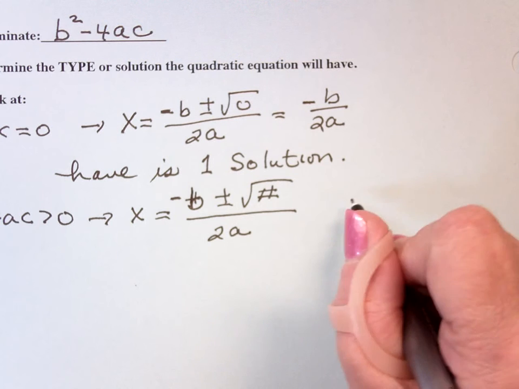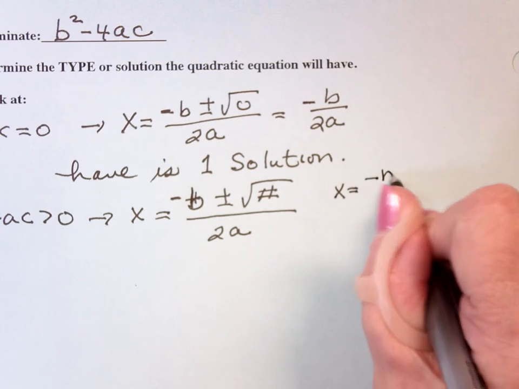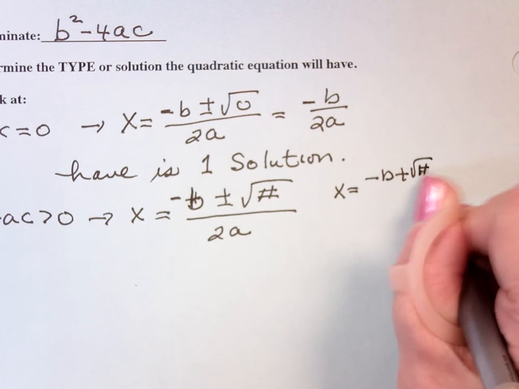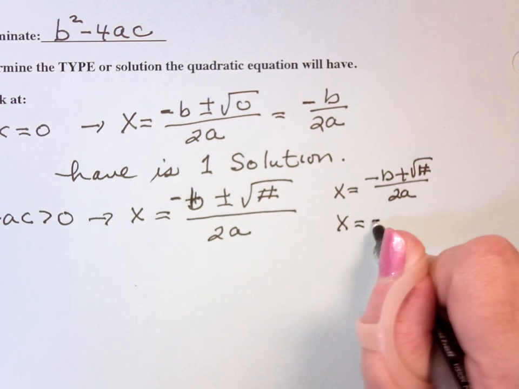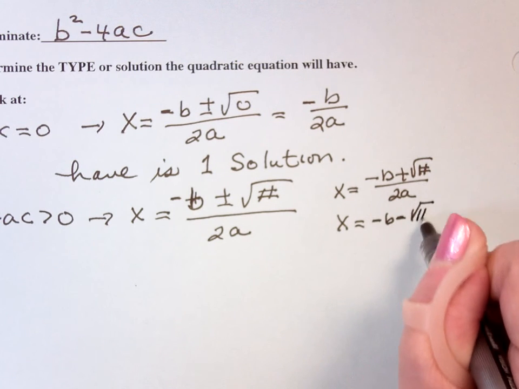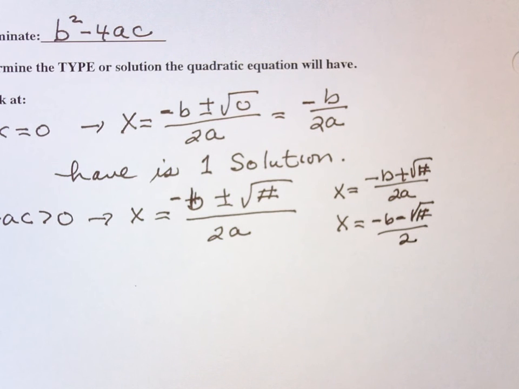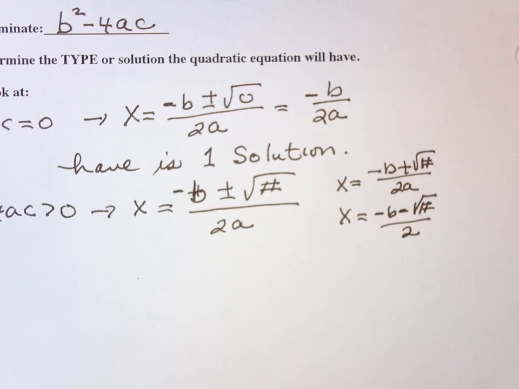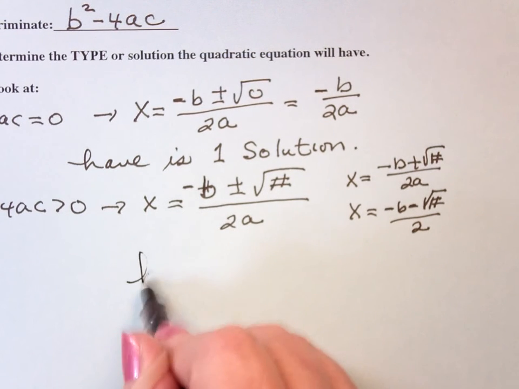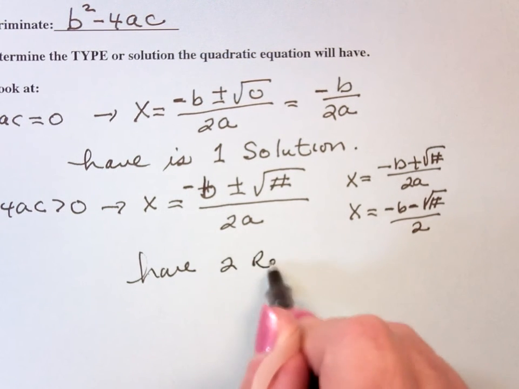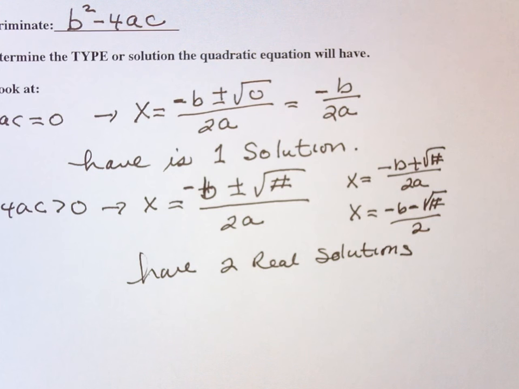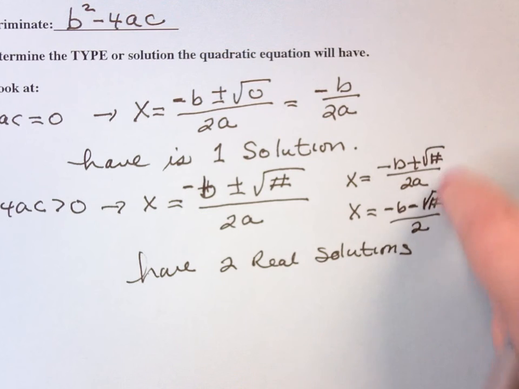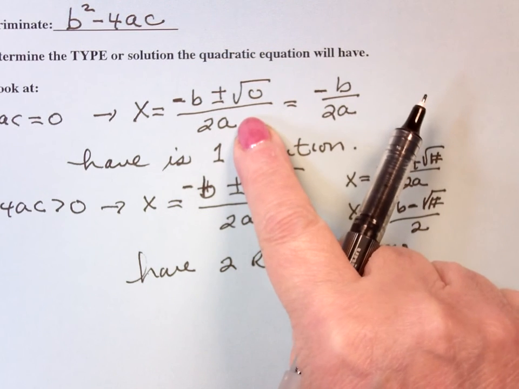I have one where x is minus b plus the square root of that number divided by 2a, and x is minus b minus the square root of that number over 2a. So that means what I have is two real solutions. I'll have a plus and a minus because there's something under that radical. When there's 0 under the radical, you're only going to have 1.